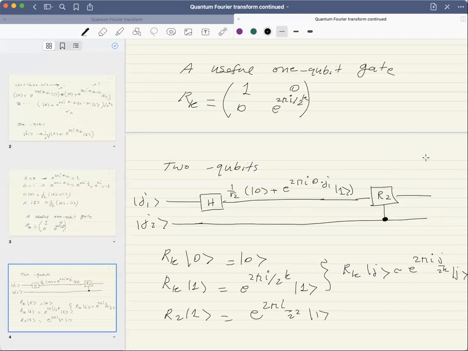Here, the state I'm getting is 1 over square root 2. The 0 doesn't change whether R2 acts or not. The 0 stays the same. And then when J2 is equal to 1, this acts on this other guy, and it gives me e to the 2 pi i, I can write it as point J1, that's J1 over 2, plus J2 over 4, right?